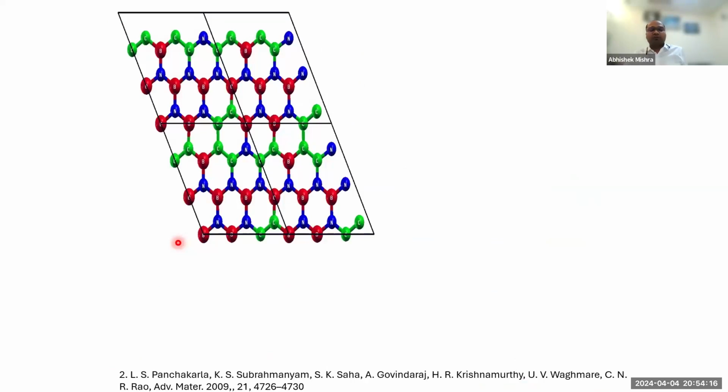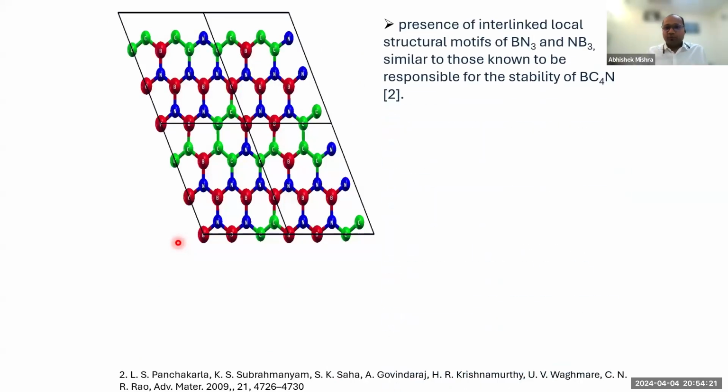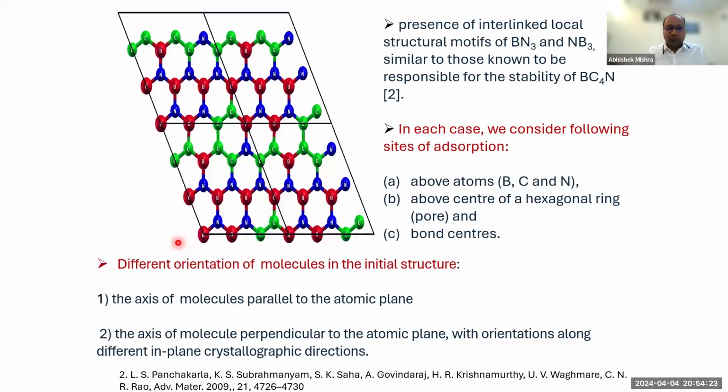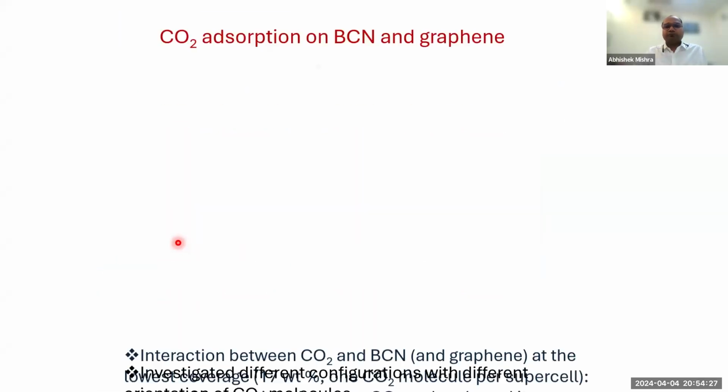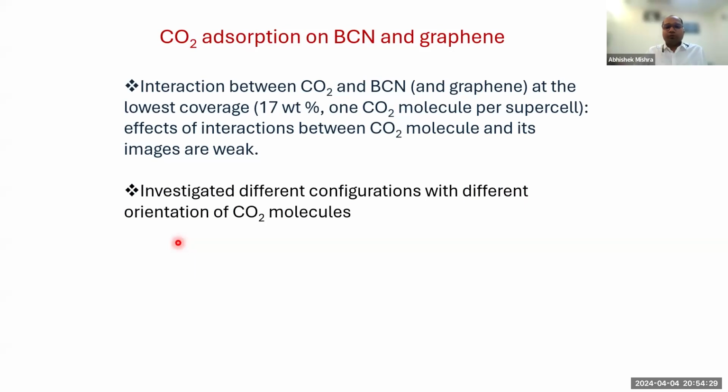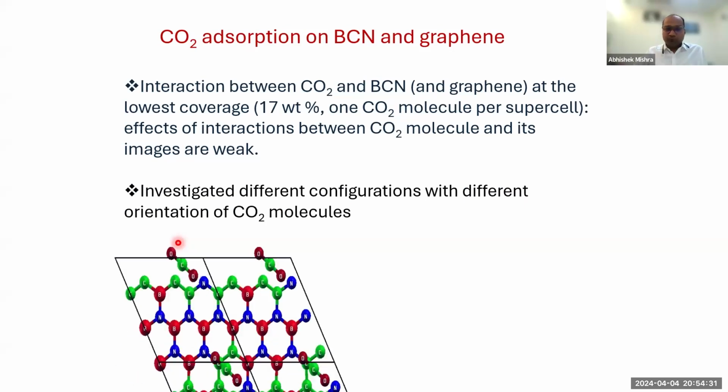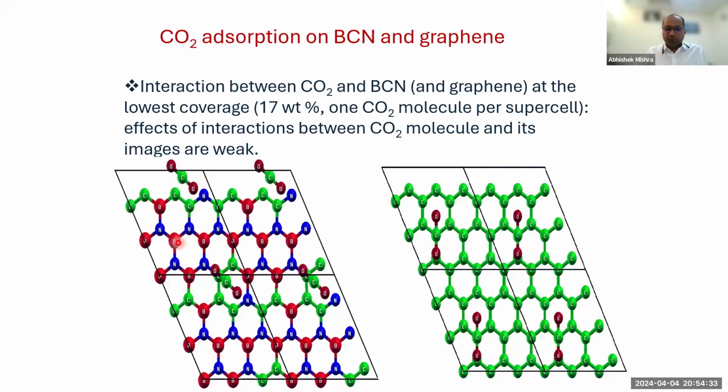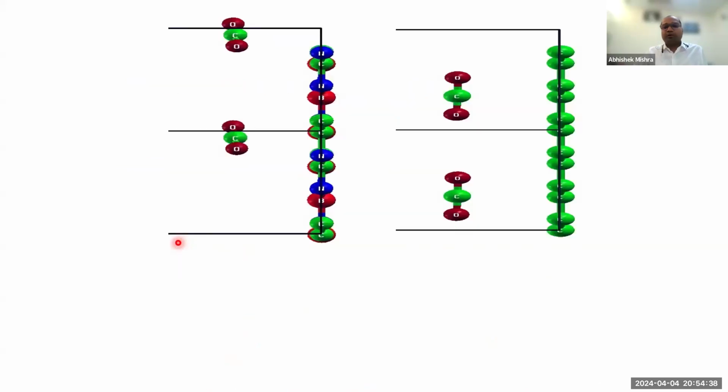So this is a BCN single unit cell. We placed CO2 molecules over different kinds of sites, and we started from one CO2 molecule, as you can see here. Left one is the BCN, right one is the graphene, and both are physisorption, no chemical activation here.